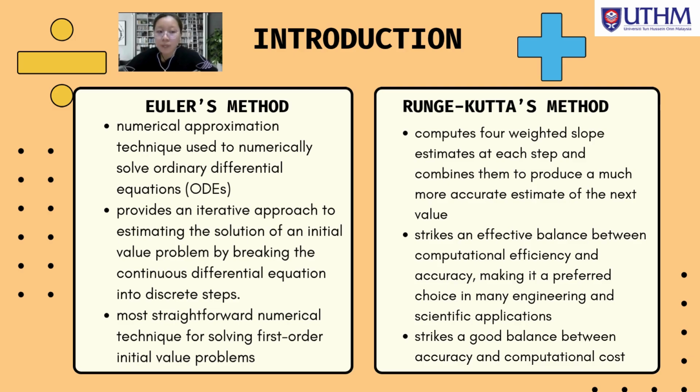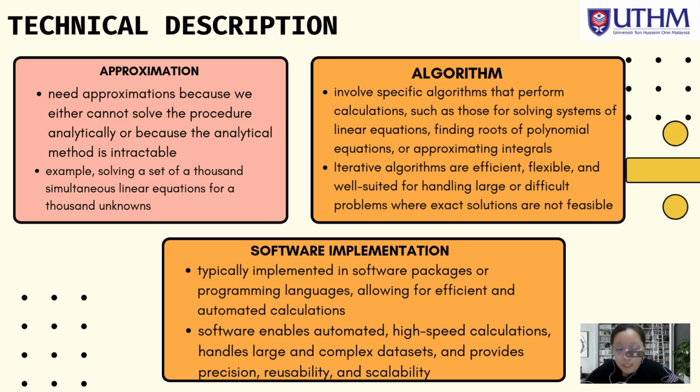It computes four weighted slope estimates at each step and combines them to produce a much more accurate estimate of the next value. The most widely used version is the fourth-order Runge-Kutta method, which strikes a good balance between accuracy and computational cost.